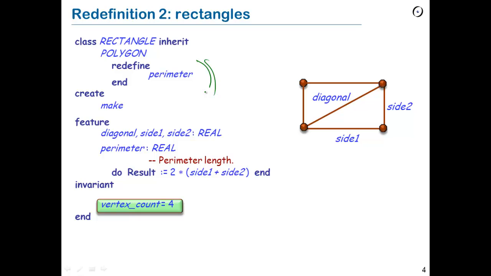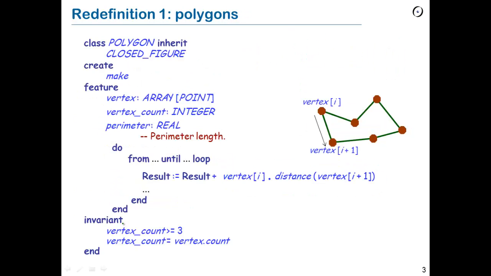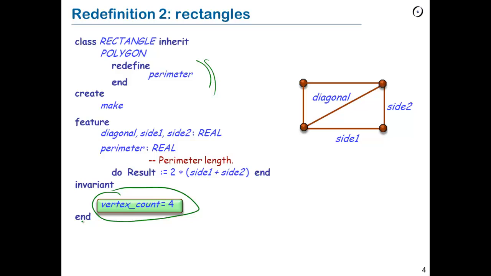Also note, by the way, the invariant, which says vertex underscore count equals 4. Are we introducing any inconsistency here? No, we are not, since in class polygon we had vertex count at least equal to 3, and now we have it equal to 4, exactly, so this is definitely compatible with the first version. And in general, when you inherit from a class, you are going to inherit not just the features, but also the properties, the constraints, technically expressed as invariants.